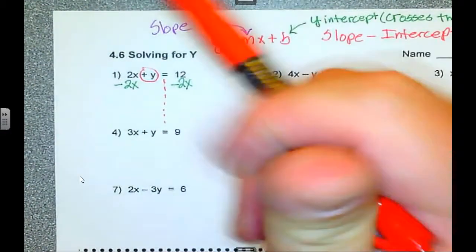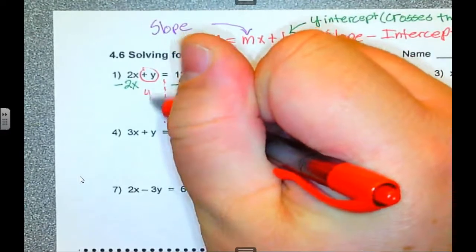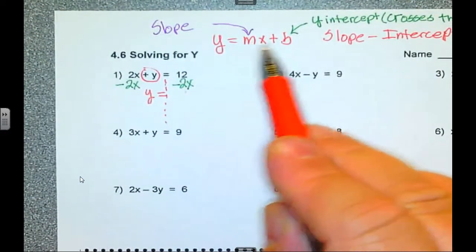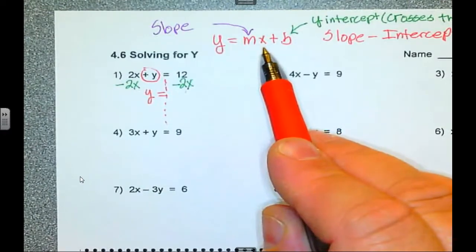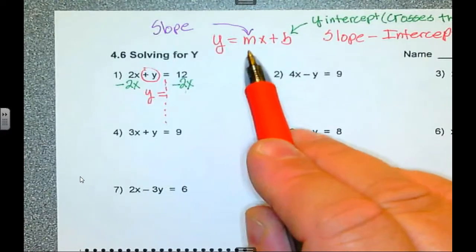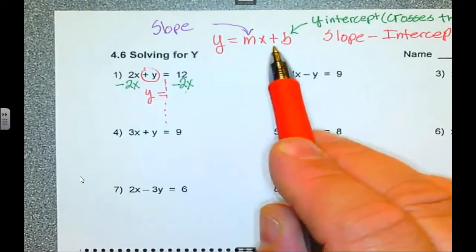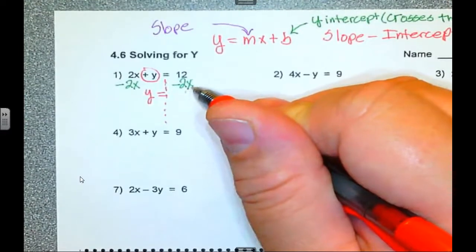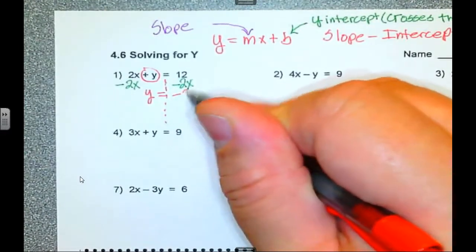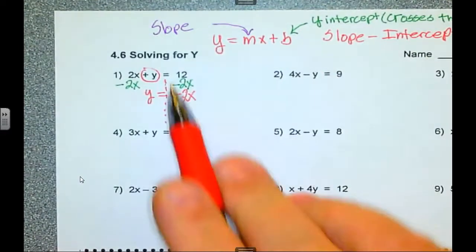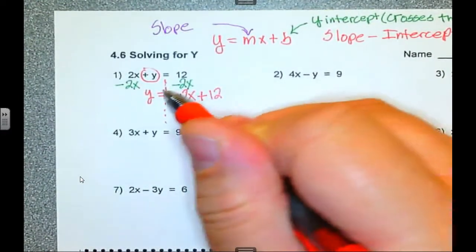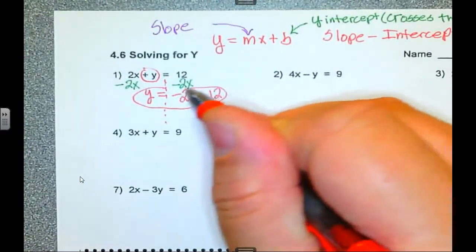I'm going to bring my y down and put my x term first because it's first in slope-intercept form. So I'm going to put the negative 2x first, and then I have a plus 12. And that's my slope-intercept form.